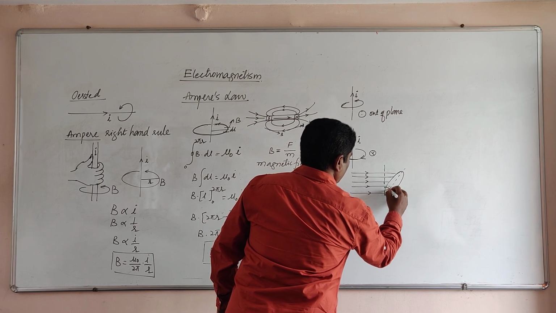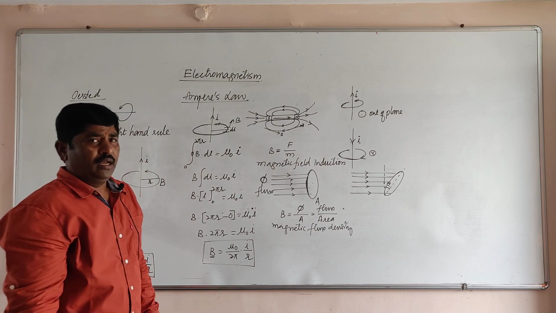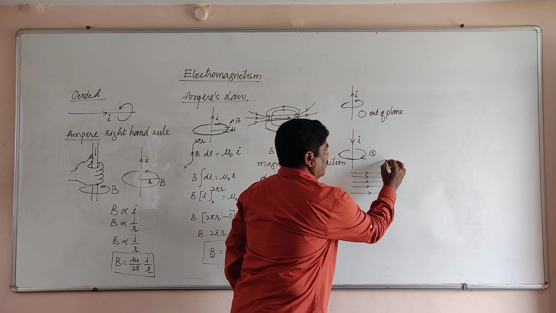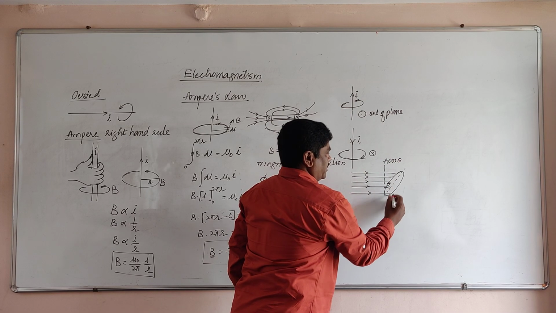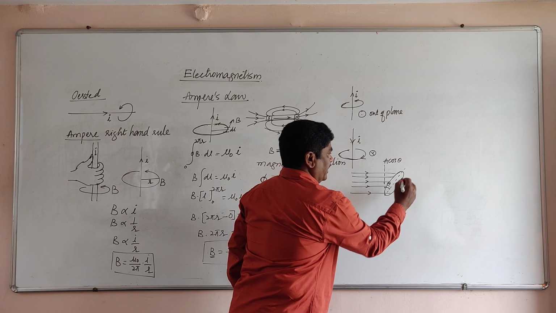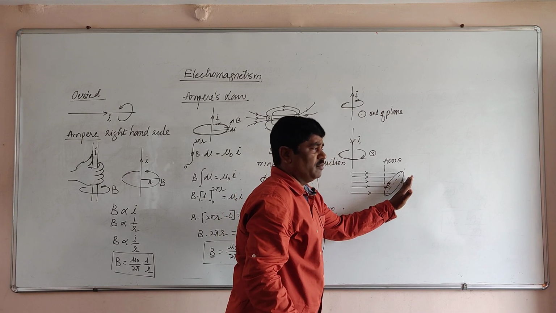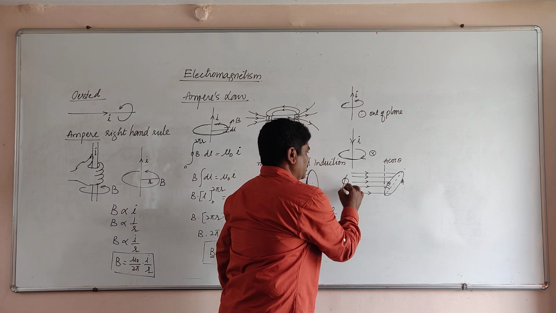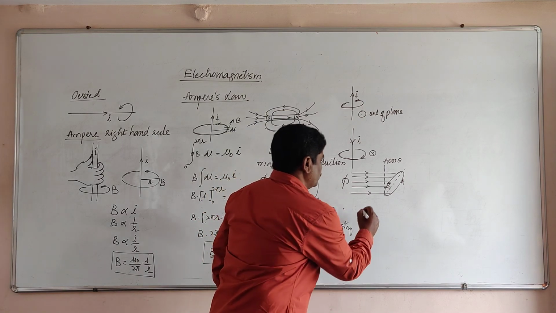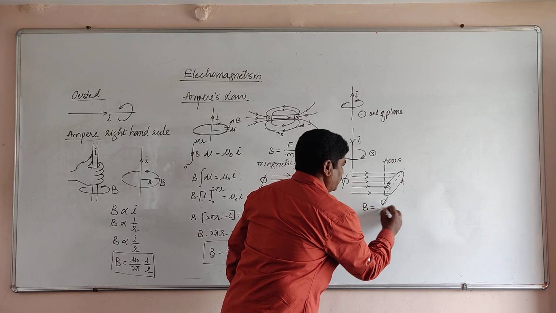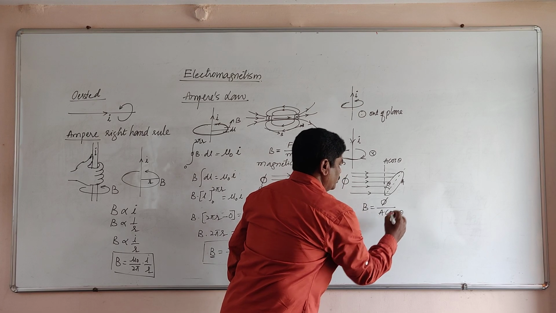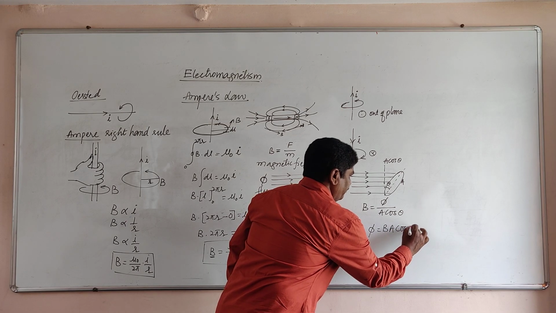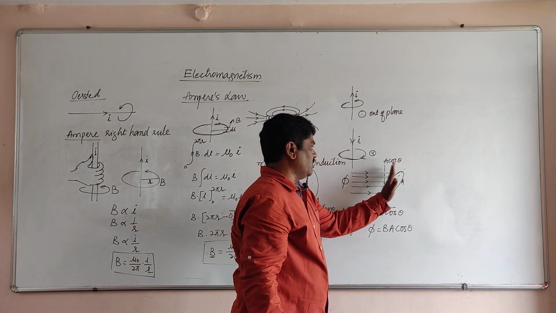This is the original area A. The component of this normal is A cos theta, which is perpendicular to the direction of the magnetic lines of force, which is phi. So from the formula, B is equal to phi by A cos theta. Therefore phi is equal to B A cos theta.